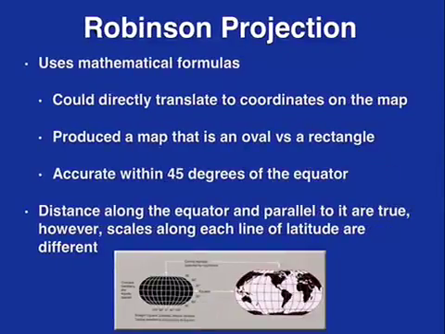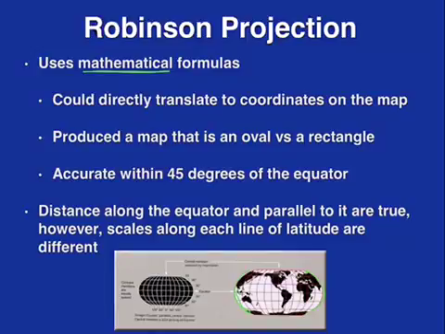Robinson projection is newer, and this brings in math. It could directly translate to coordinates on a map. This produced a map that was an oval, so you'll see down here that it's oval, versus the rectangle.